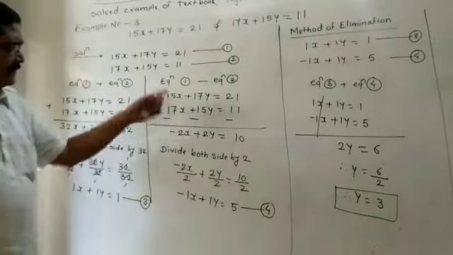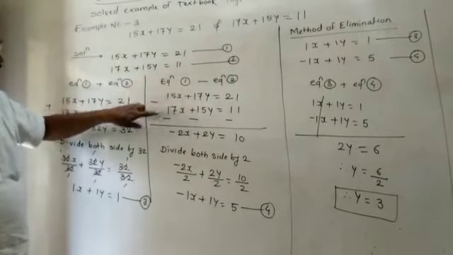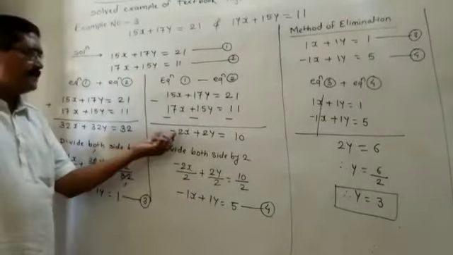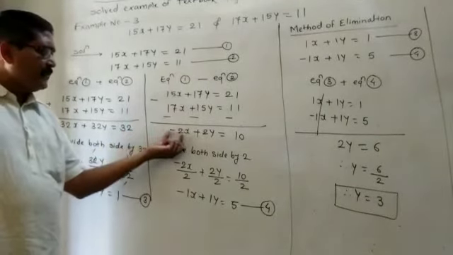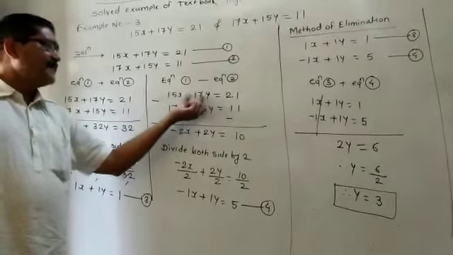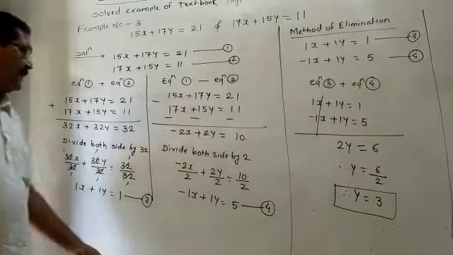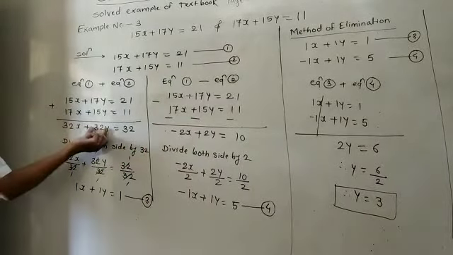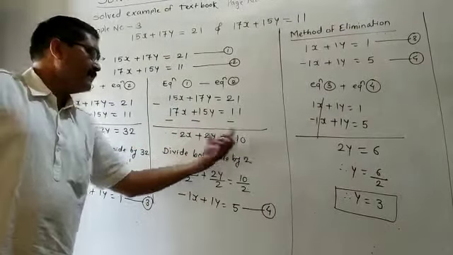Here you use the addition rule: if one number is positive and another is negative, find the difference between their magnitudes and give the sign of the greater magnitude. So we get 32x plus 32y is equal to 32, and minus 2x plus 2y is equal to 10.